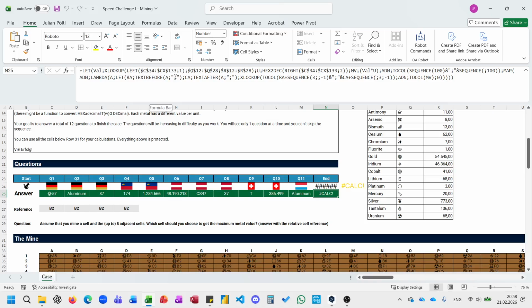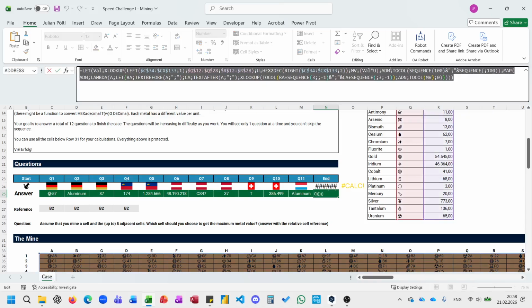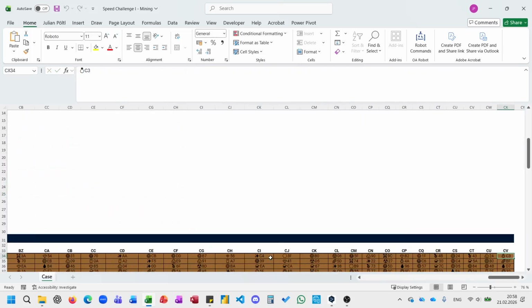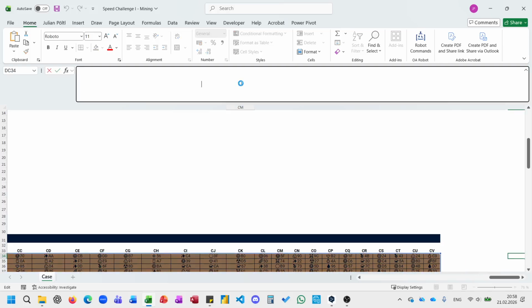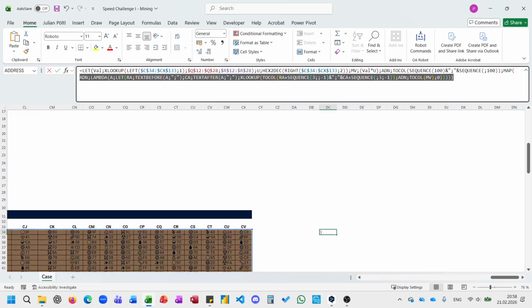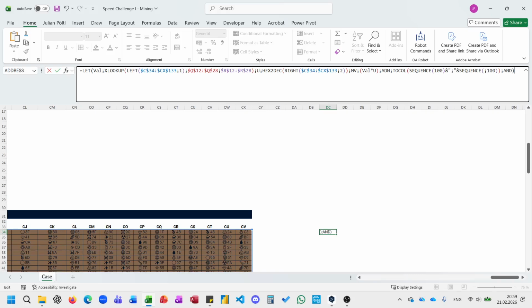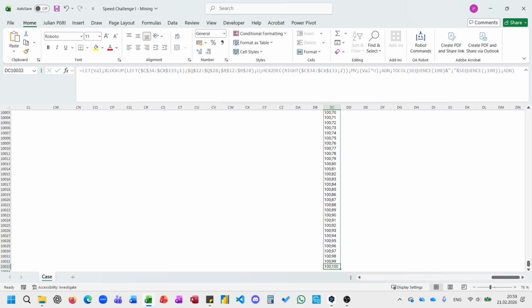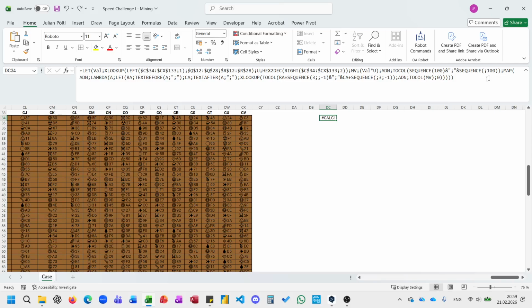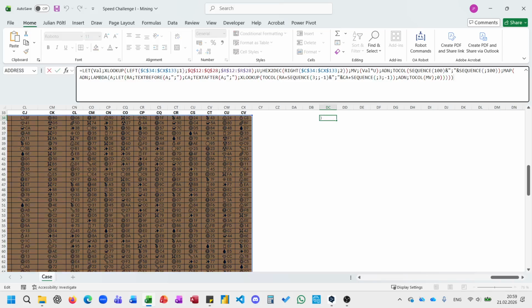Why is this wrong? TEXTBEFORE. Okay. We might copy this here to the side. ADN is in column.